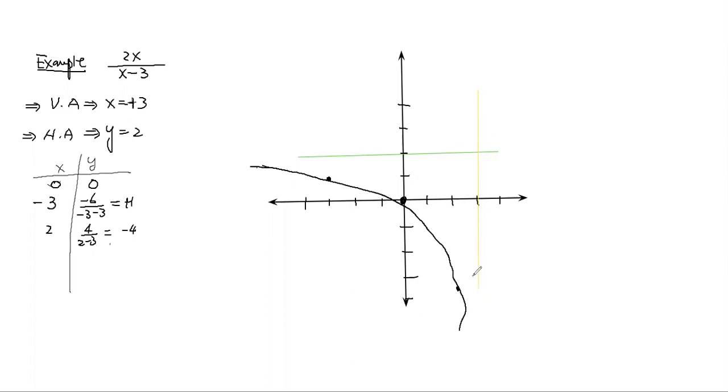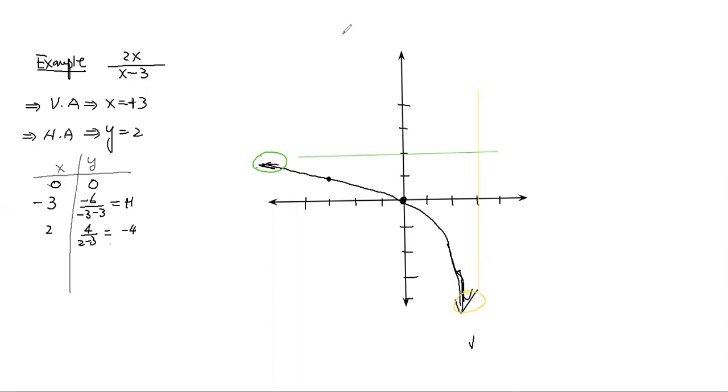Of course this is a terrible drawing, but as you can see, this end is going to approach the horizontal asymptote, and this end is going to approach the vertical asymptote.